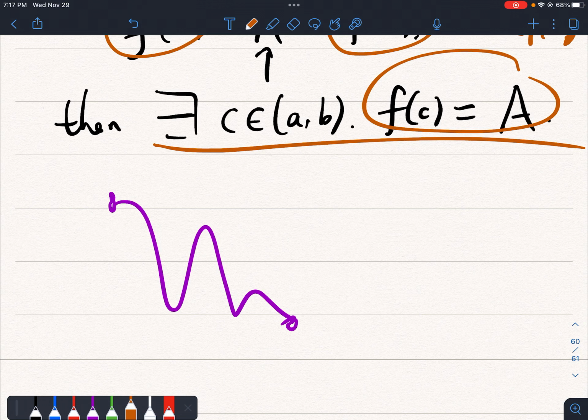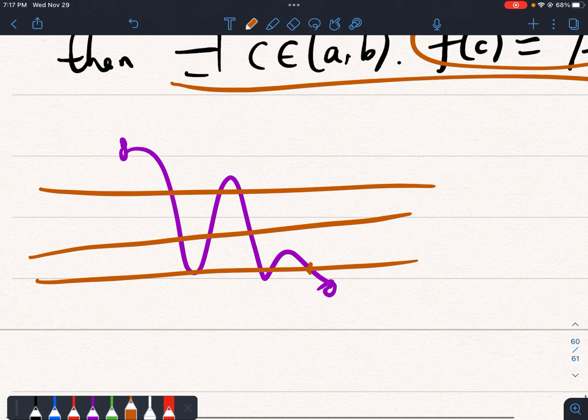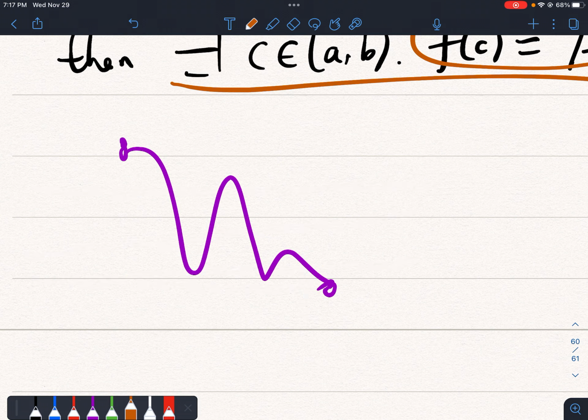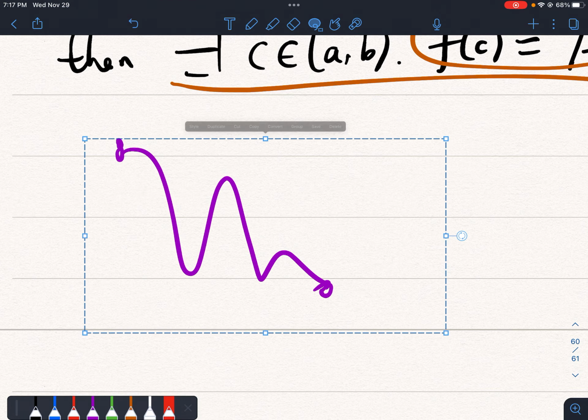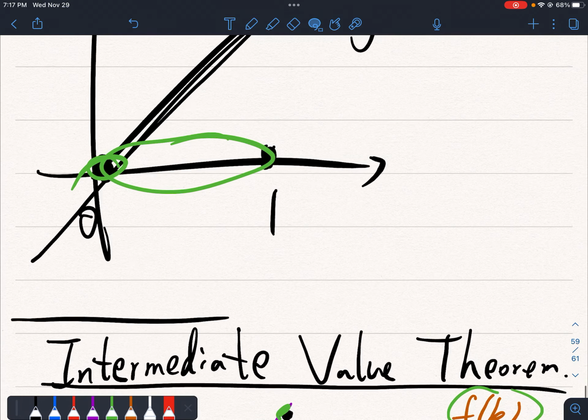So if f of A is bigger than f of B, it doesn't matter. We can still take any intermediate value, and you can see it always has some intersection at some x between these two endpoints. So this is the intermediate value theorem.